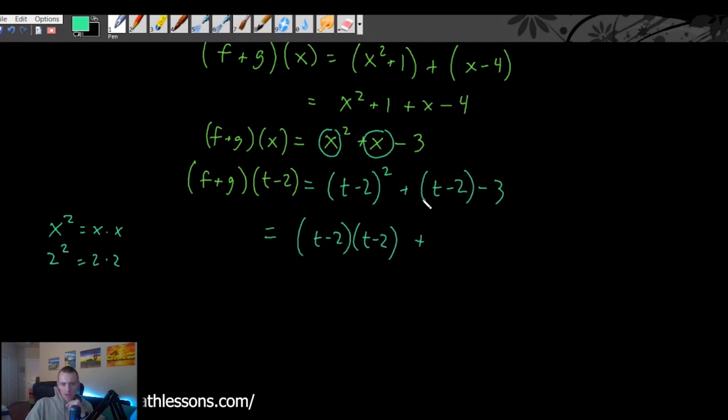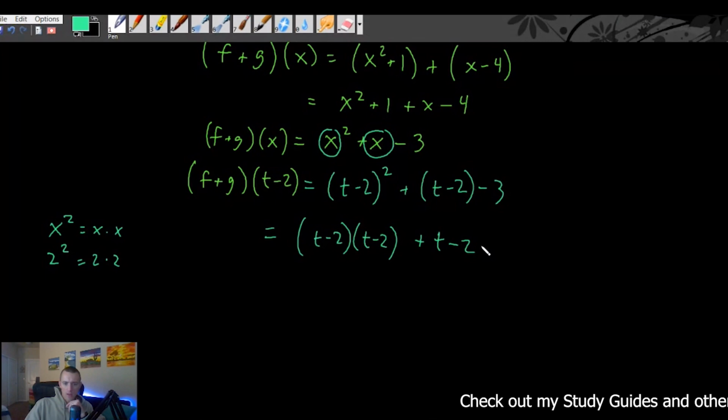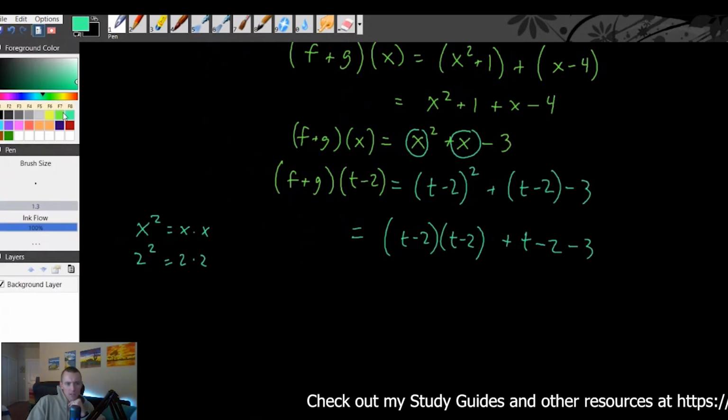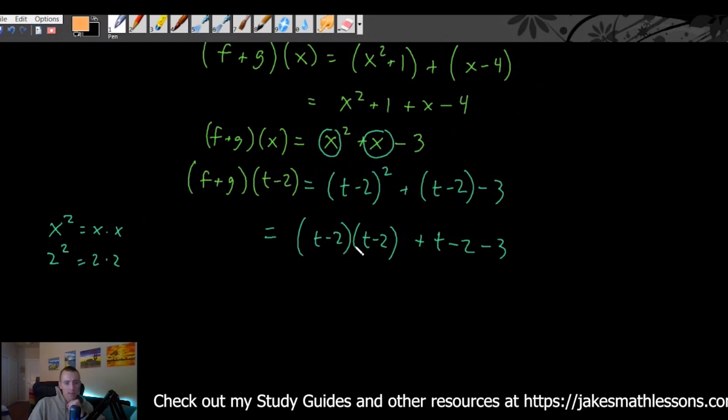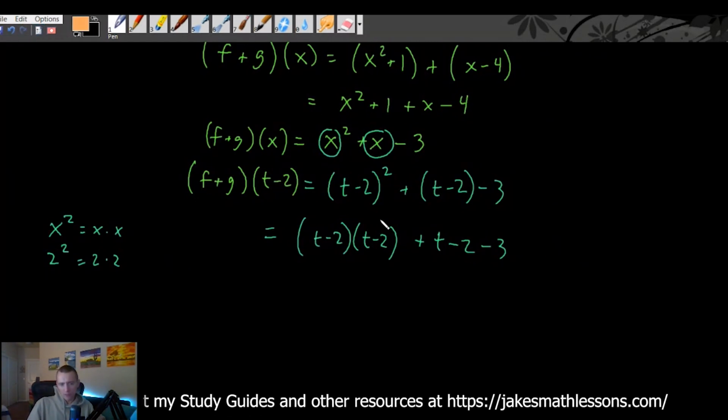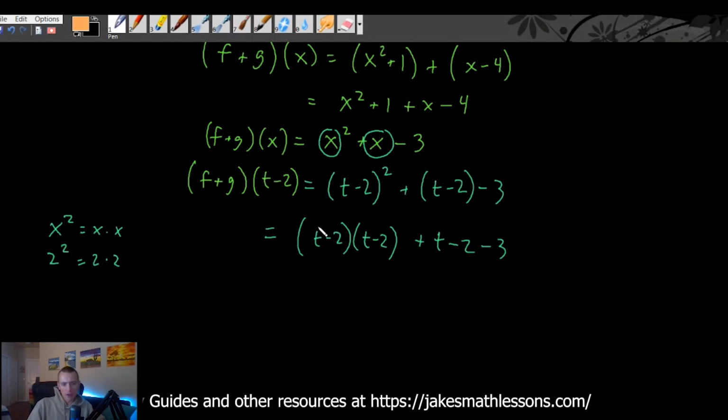Okay, then we have plus t minus 2 minus 3. This set of parentheses here isn't really going to do anything. We're just going to get plus t, and then minus 2, and then minus 3. The reason why writing those two terms squared like that is important is because to simplify this chunk right here, we have to FOIL this out.